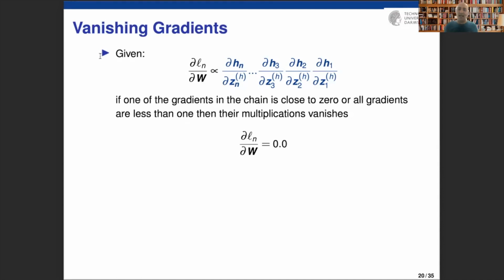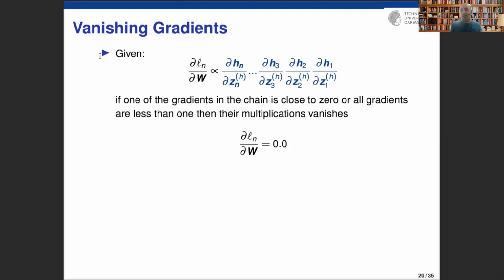But on the other hand, if one of these gradients is close to 0, or if all gradients are less than 1, then their multiplication vanishes easily. Because you multiply many 0 values or many values close to 0, or if one of them is 0, just like in one step the gradient is 0, then it's definitely the gradient of the whole sequence would be 0.